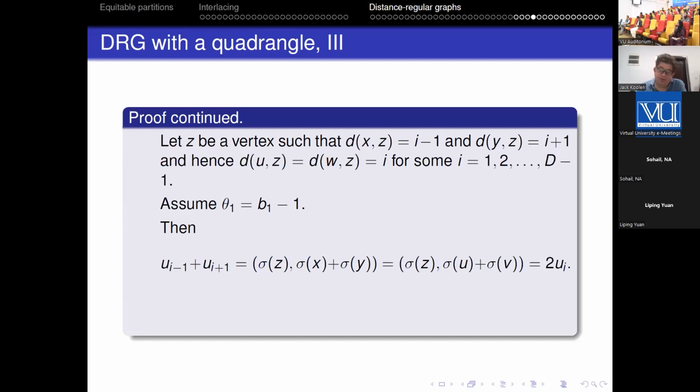But that is also because sigma x plus sigma y is sigma u plus sigma w of phi. Oh, I'm making a mistake. I meant phi z. My w and my phi are the same. I'm sorry. And this completes the proof. So this is good and not so difficult.